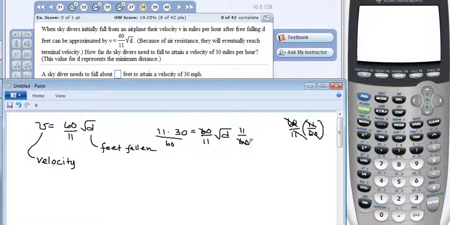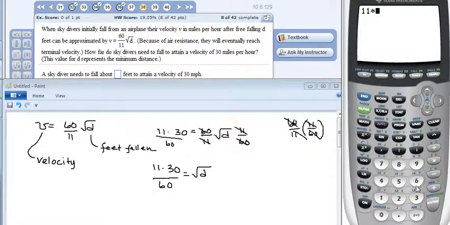So now I have 11 times 30 over 60 is equal to the square root of d. Let's see if that's a nice number or not. Divided by 60. It is a sort of nice number.